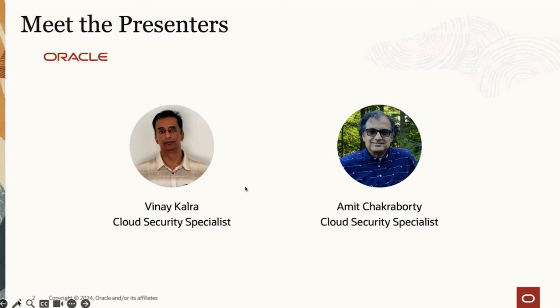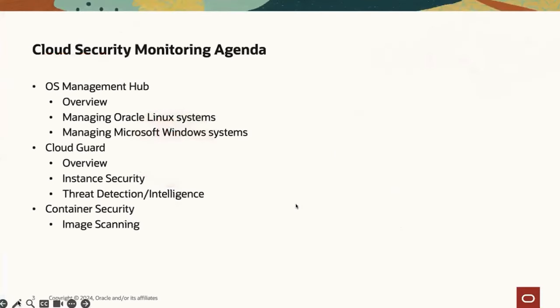Perfect. And so today, first of all, welcome to part one of monitoring cloud security. I hope that you can also join our part two, which will be taking place in about a month. But for today, here's what we're going to be discussing. Amit is going to start out with talking about OS Management Hub.